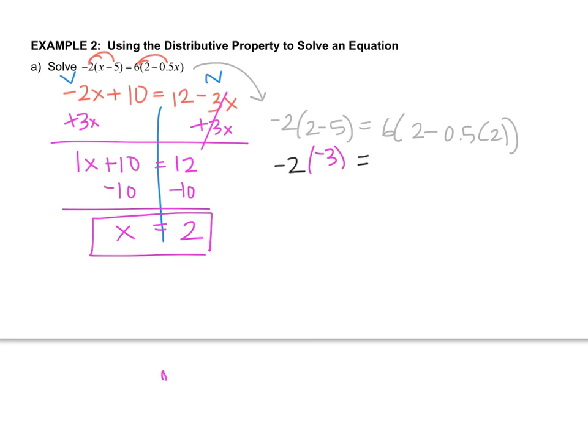And now over on the right-hand side, I have to do parentheses inside of parentheses. So this gives me 2 minus 1, which then in turn gives me 6 times 1. Oh, look, and I know that that's 6, and negative 2 times negative 3 is also 6, so it checked.